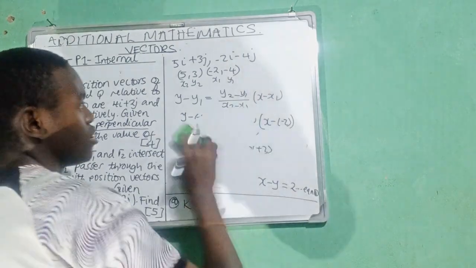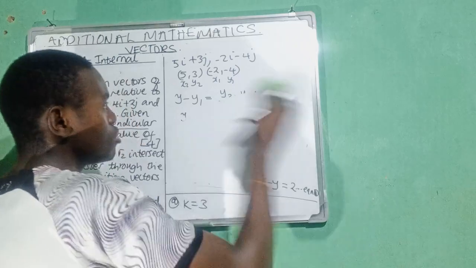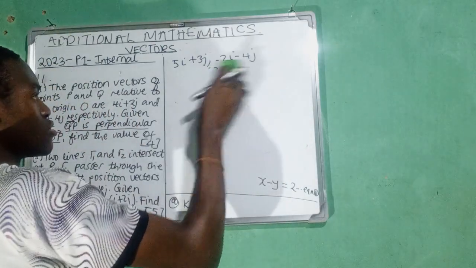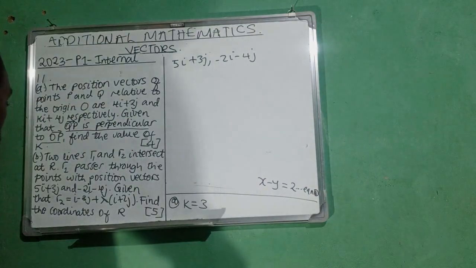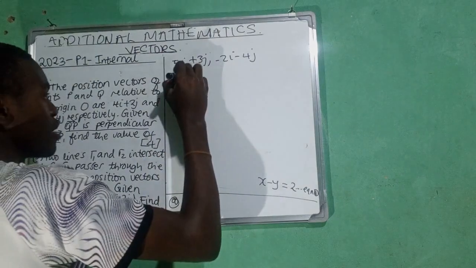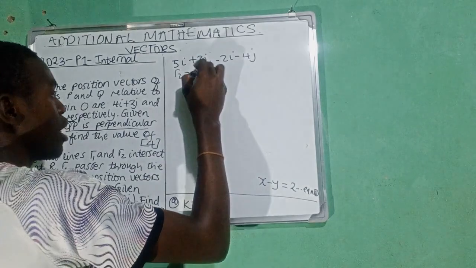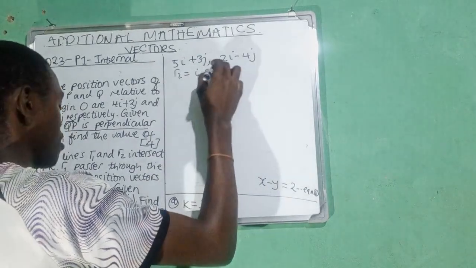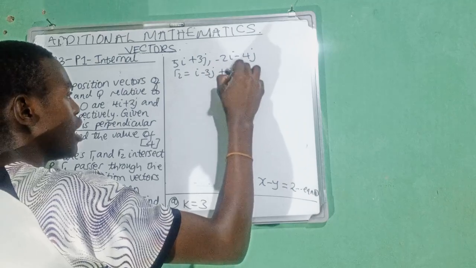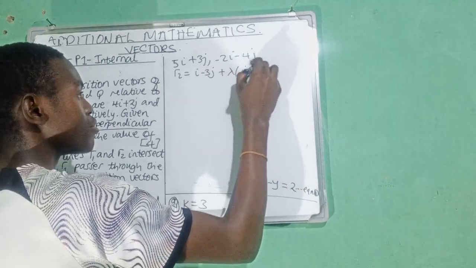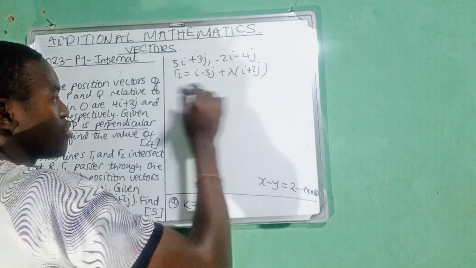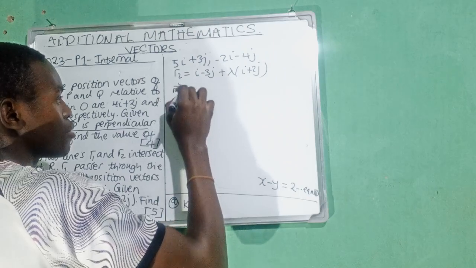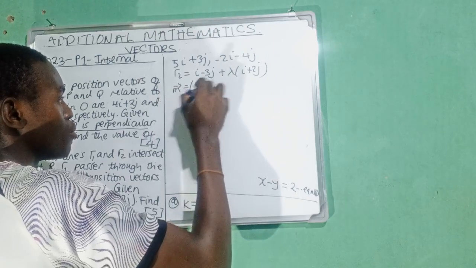Equation 2. Let's get on to find equation 2. We have our r2 is equal to i minus 3j plus lambda multiplied by i plus 2j. Having lambda here, this is a direction vector, so m is equal to 1, 2.